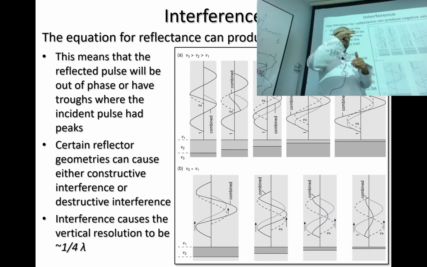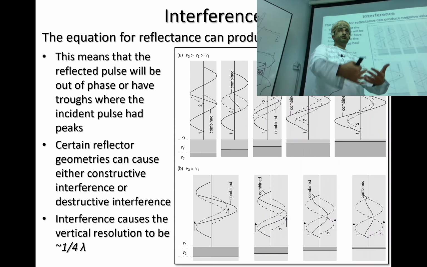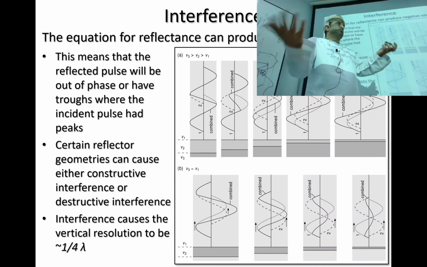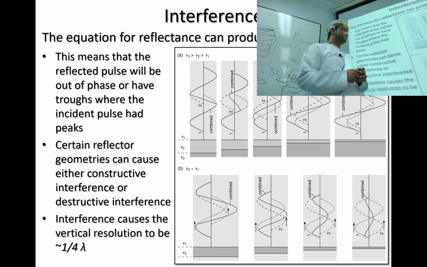There is a compromise. Shall I get high resolution shallow or get deeper data but not very, very high resolution? There is a compromise. How deep do you want your image of the subsurface to be?